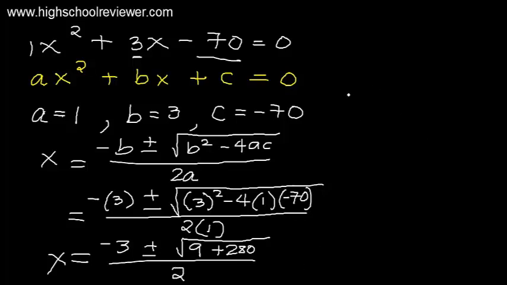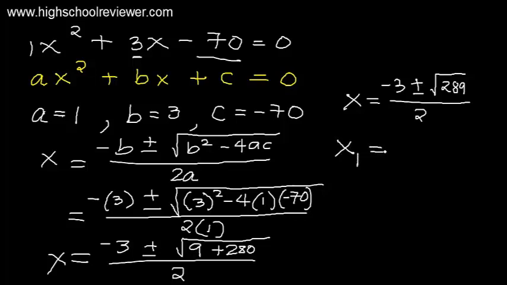So our x here will be equal to negative 3 plus minus the square root of 289 all over positive 2. Okay, so let us find out the square root of 289. So this will be our x sub 1 here. We will have two values for x.